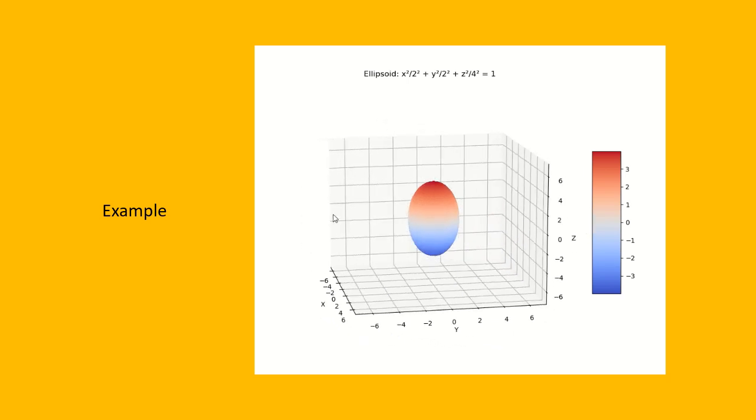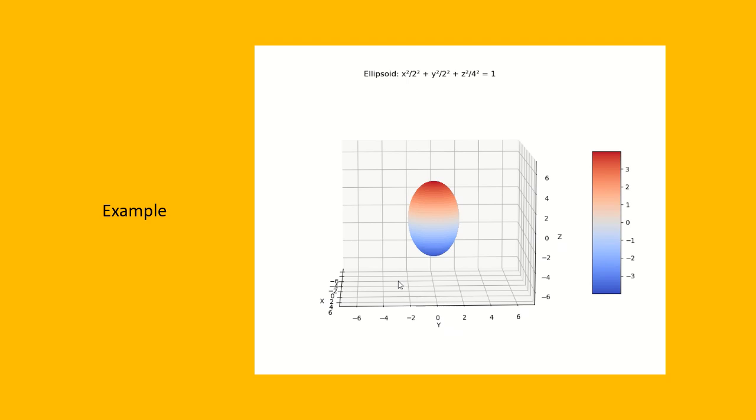And if we go this way to the y-axis, this ellipsoid is also between -2 and 2. And in the z direction, it goes from -4 to 4. This particular ellipsoid could be considered a volume of revolution.